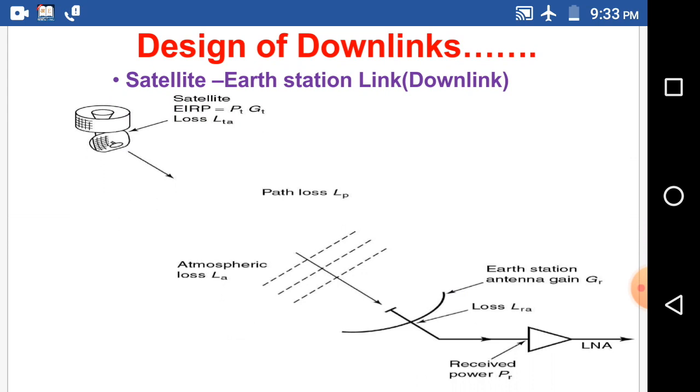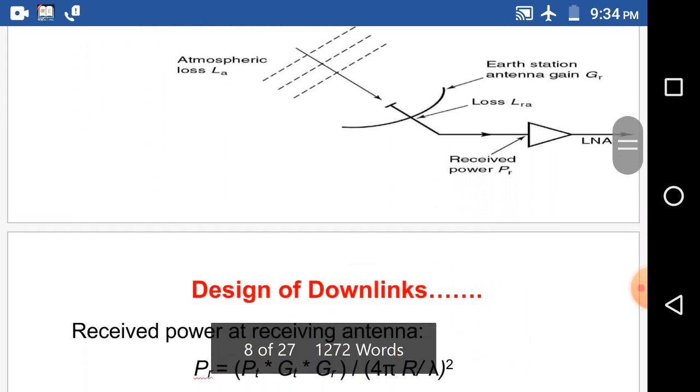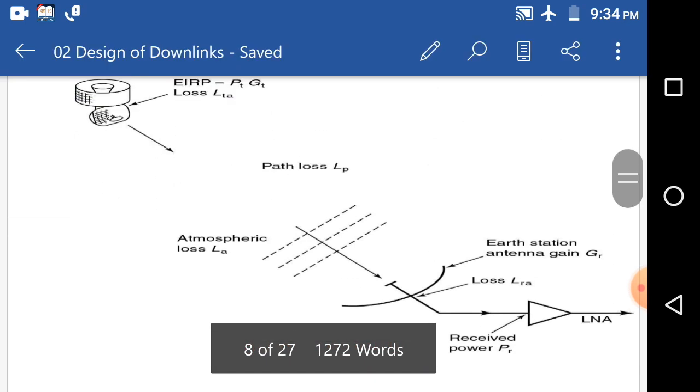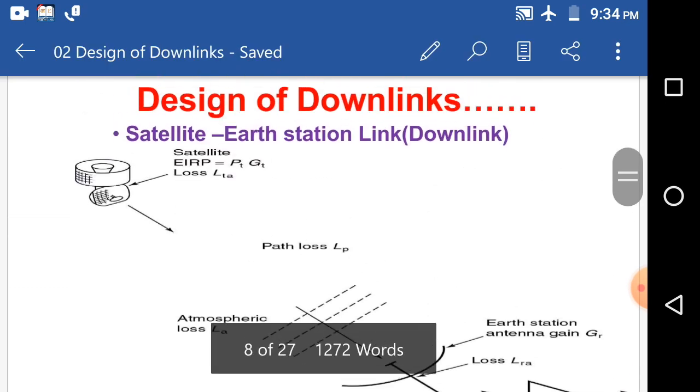The link equation and downlink equation are both the same. Only here we will derive the downlink equation step by step.